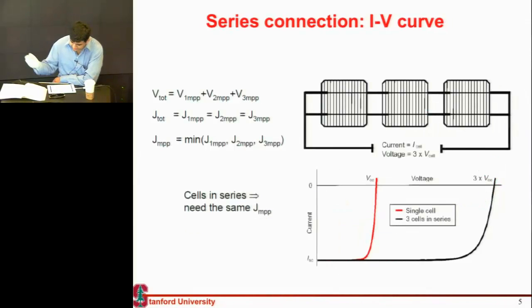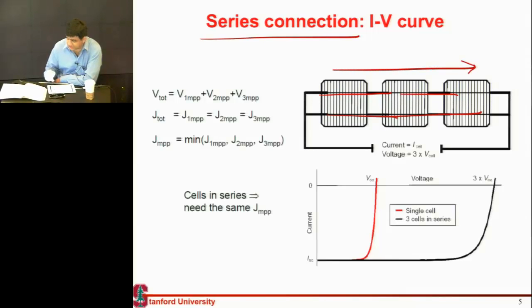On the other hand, if you connect them in series, then the current flowing through these cells remains constant, because the same current flows across these cells, but the open circuit voltage gets amplified depending upon how many of these cells you are connecting in series.